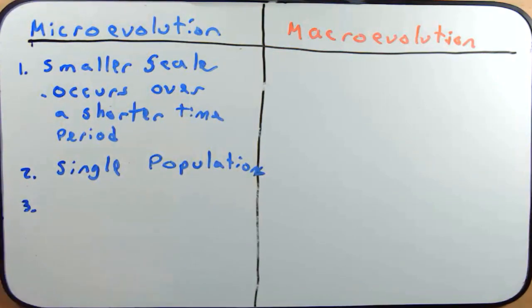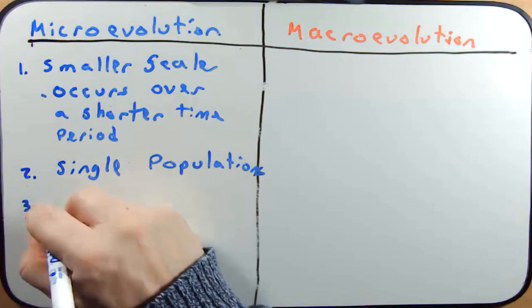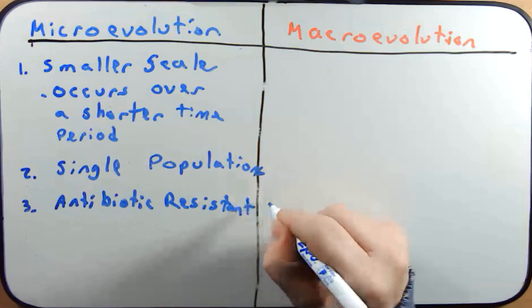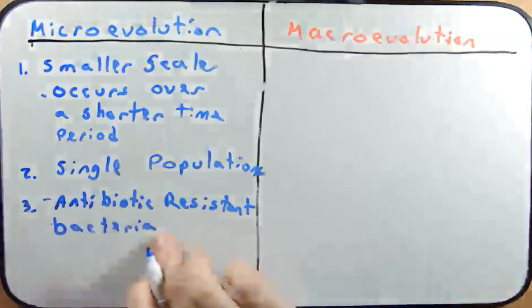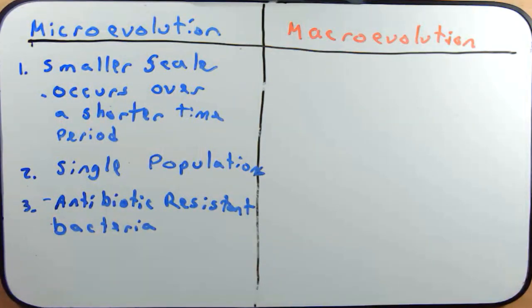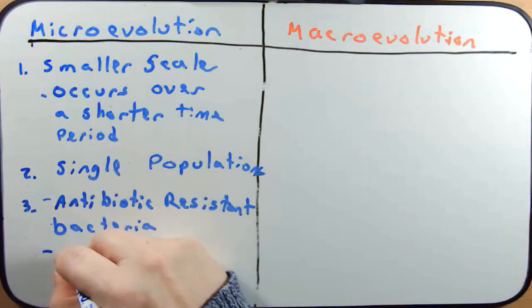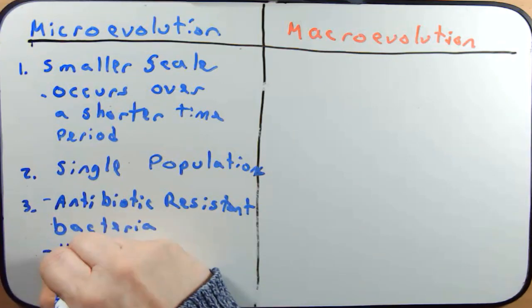So some examples of microevolution would be things like antibiotic-resistant bacteria. So for instance, if someone doesn't take all of their antibiotics that they're supposed to take, sometimes that bacteria will adapt to that antibiotic and become resistant to it. An example of microevolution. Same thing with herbicide-resistant crops.